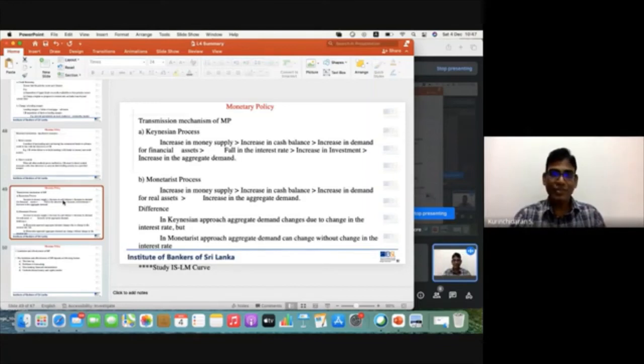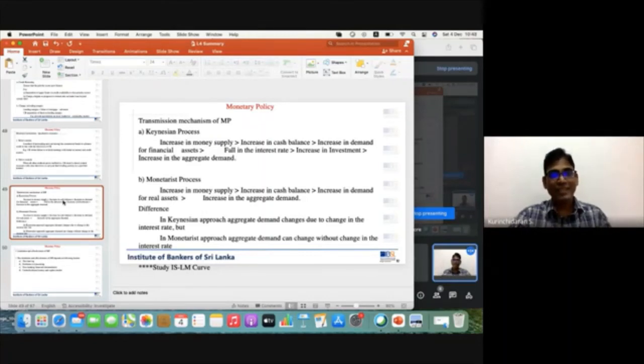So Keynes says when your cash balance increases, you will increase the demand for financial assets, and because of that the interest rate will fall.